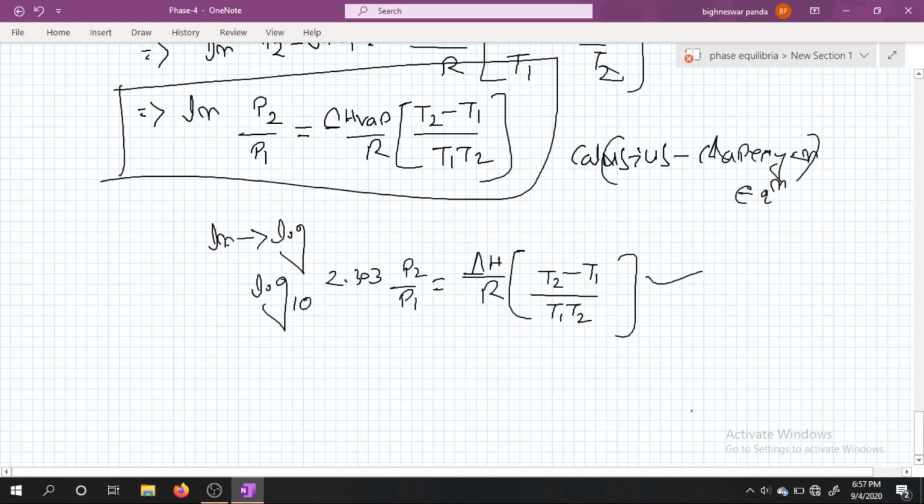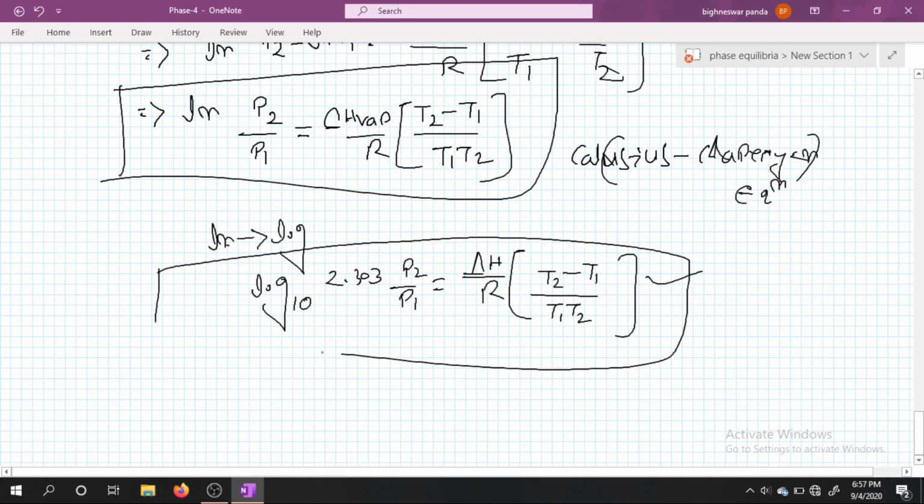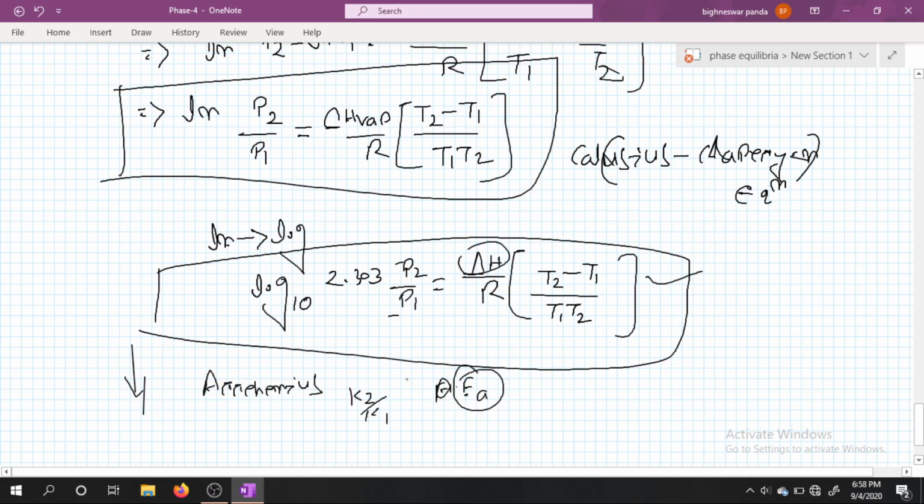So this is all about the Clausius-Clapeyron equation, and this type of equation we have already studied in the Arrhenius equation, in which there are two rate constants k2 and k1, and here in case of delta H there is activation energy. So this is similar to different rate constants at different temperatures for the Arrhenius equation. So this is all about Clausius-Clapeyron.